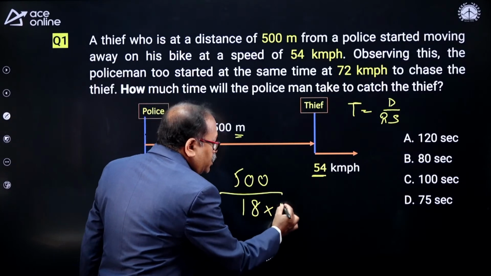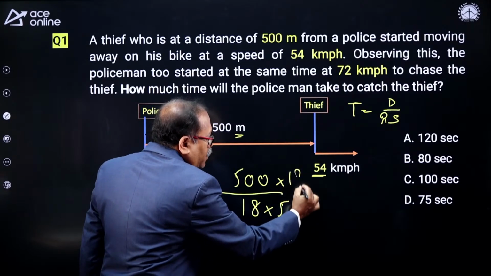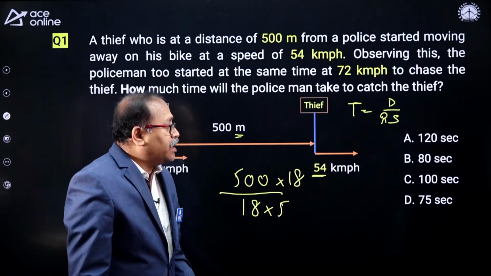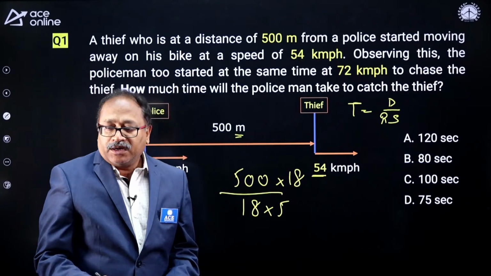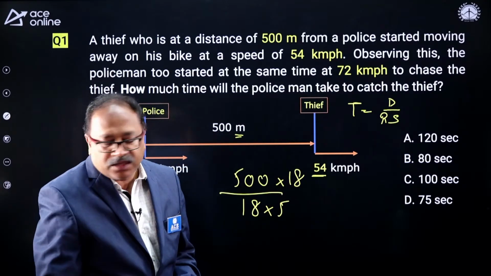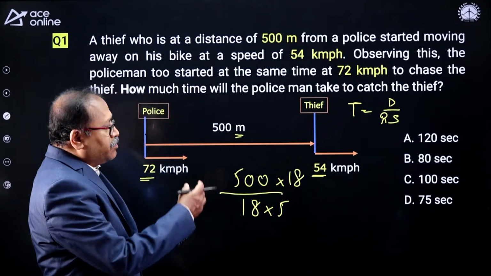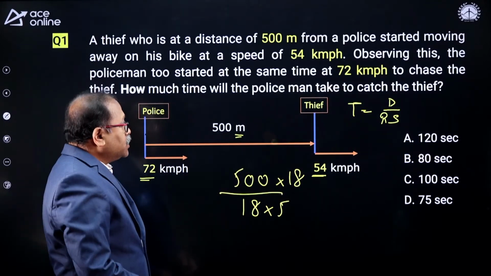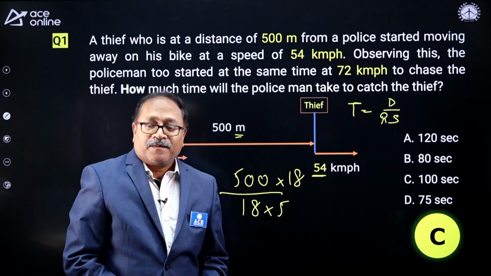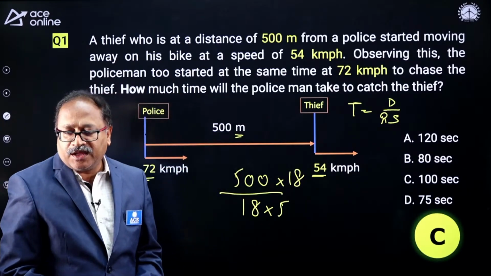That means multiplying by 5 by 18. So 18 gets cancelled and 500 divided by 5 is 100. That means the time taken is 100 seconds. Yes, Anusha, that's right. So 100 seconds means option C. Let's check that option C is correct. Yes, that's right. Well done.